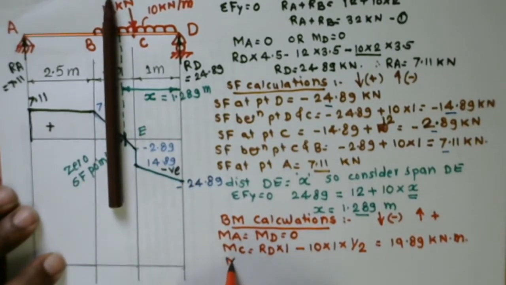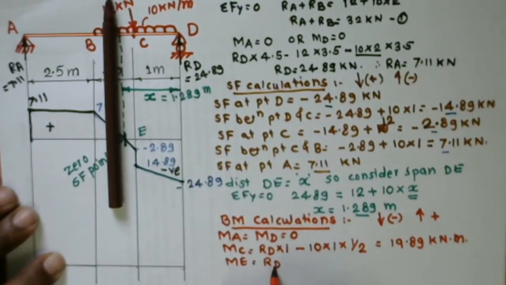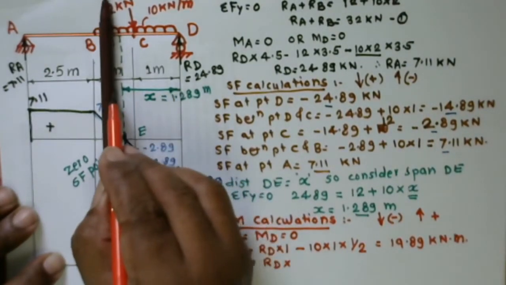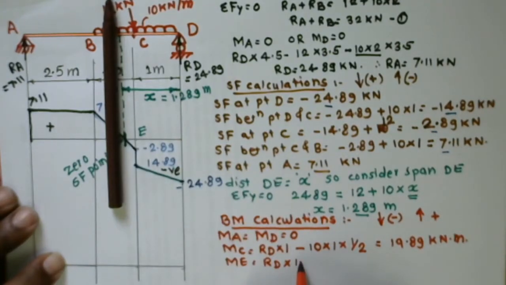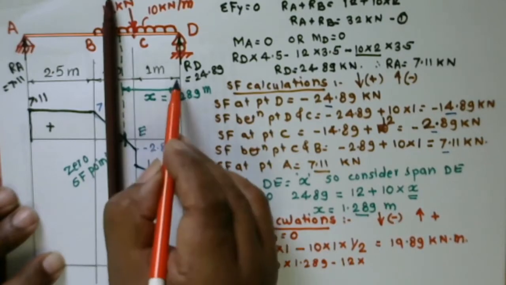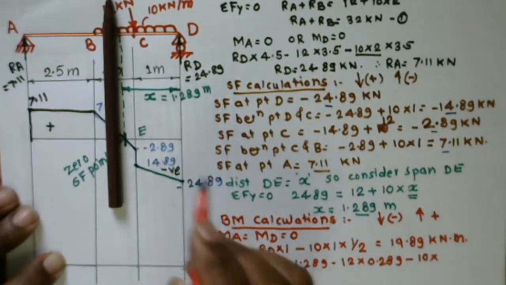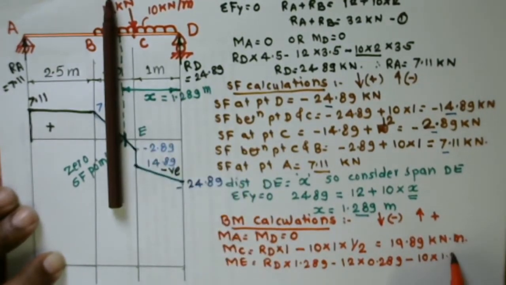Bending moment at point E is equal to, again RD, consider the right hand side RD. Its distance up to the point E is 1.289. Now I am considering this point load, that is 12 into its distance 1.289 minus 1, so it becomes 0.289 minus UDL 10 into its span is 1.289 into 1.289 by 2.